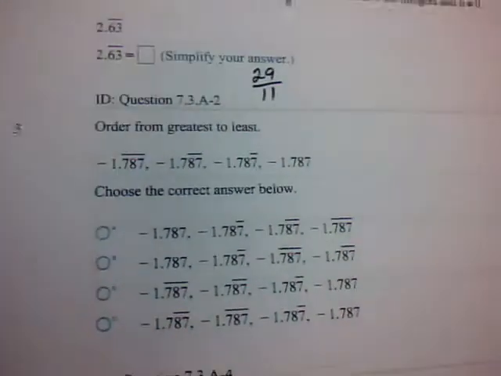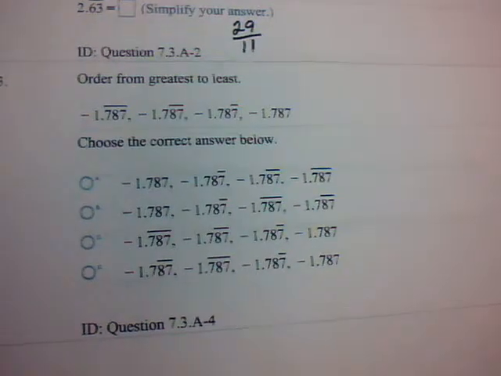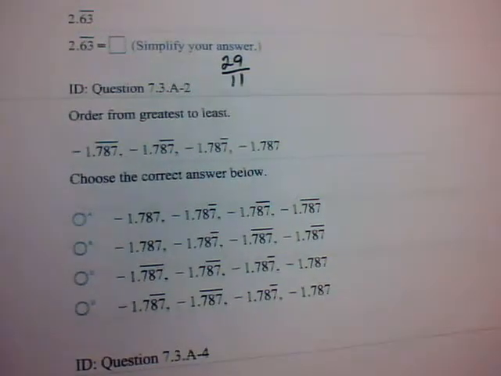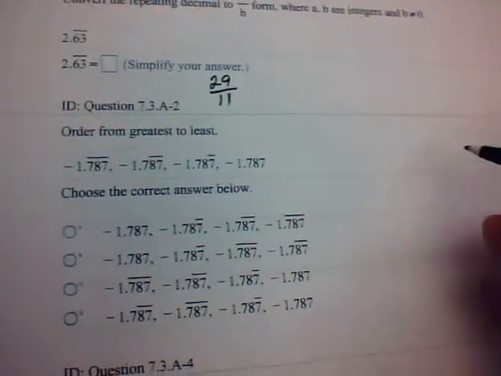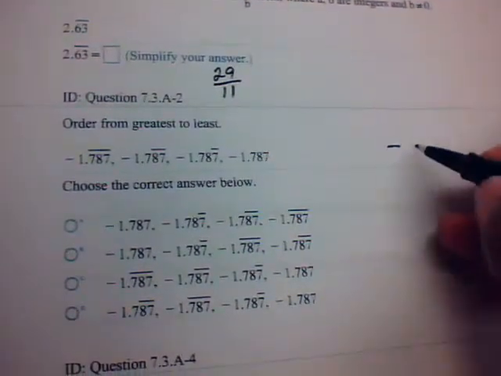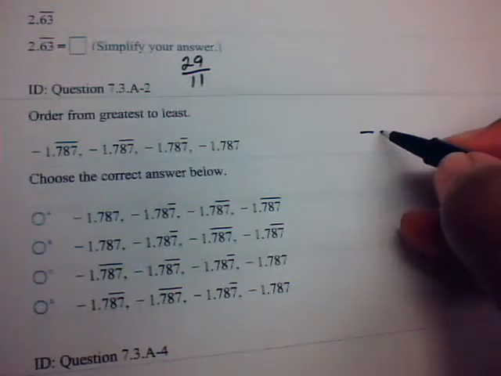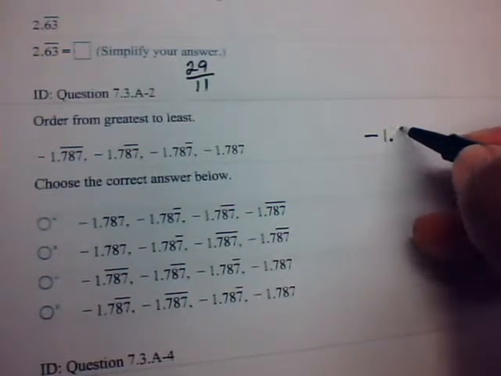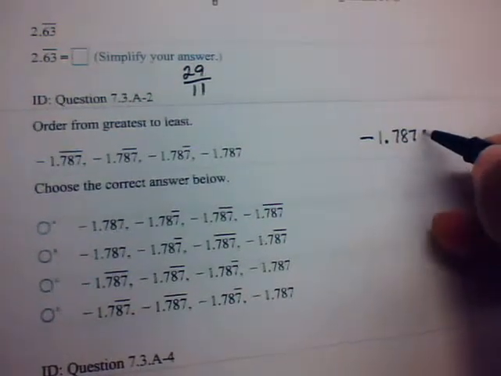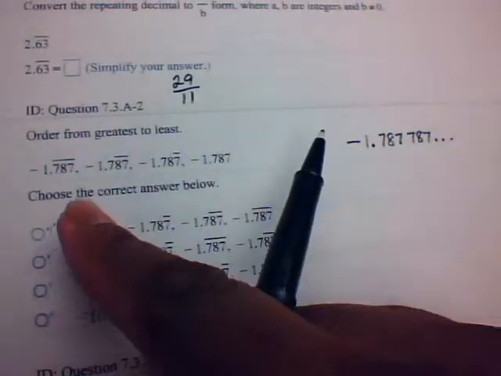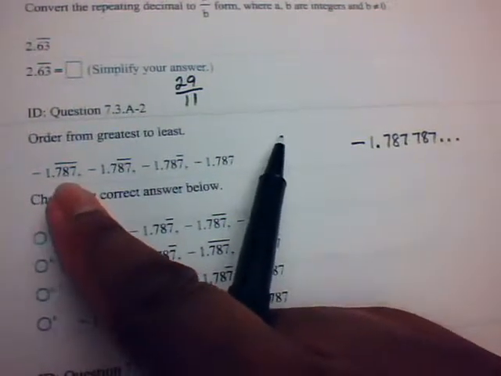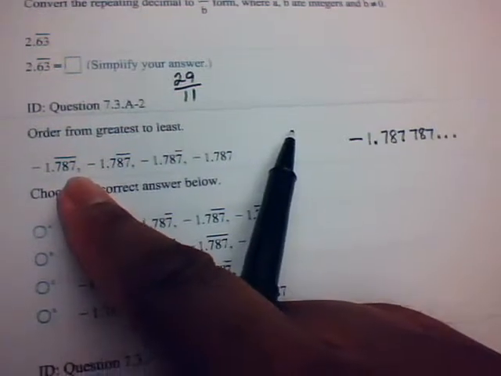Okay, problem number 3 is to order from least to greatest. And you have these numbers here. What I'm going to do here is, let's see here, I'm going to go ahead and write out 1.787 repeating as 1.787787, repeating. That's this first decimal right here, because the 7, 8, and the 7 repeat.